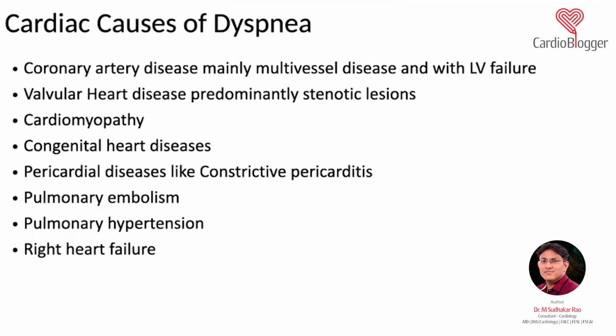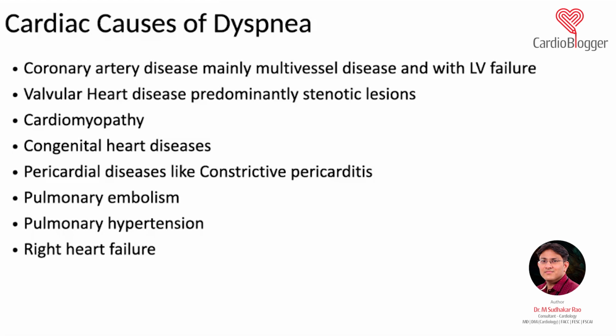Pericardial diseases like constrictive pericarditis may present with dyspnea because of the reverse Bernheim phenomenon most of the time. Pulmonary embolism, because the effective forward cardiac output is reduced. In severe PTE, the effective forward cardiac output is reduced, and so that causes decreased blood flow to the skeletal muscle, and the skeletal muscles usually have an afferent receptor, afferent, not efferent, and that causes the increased work of breathing.